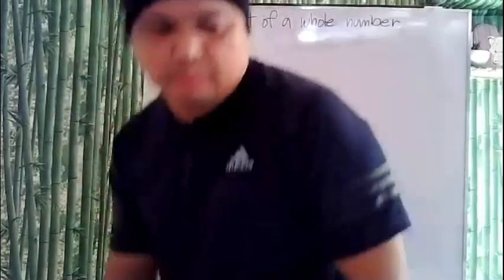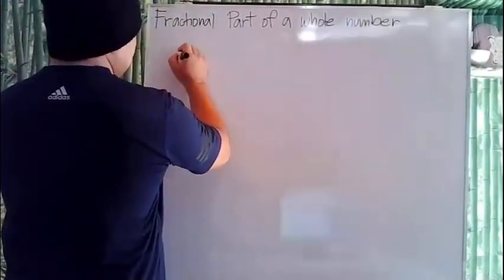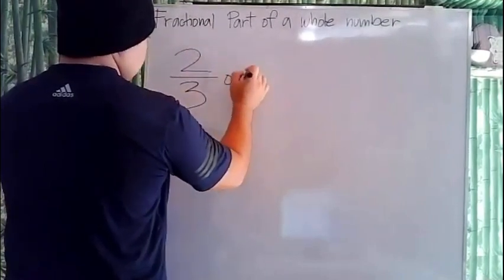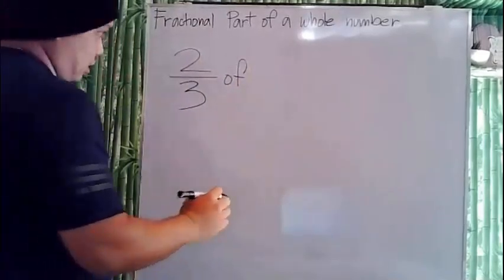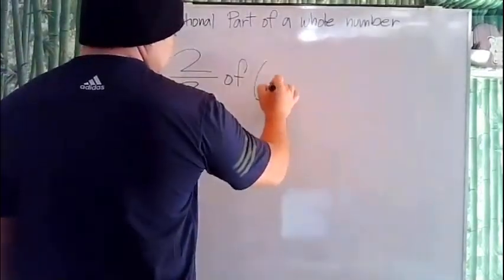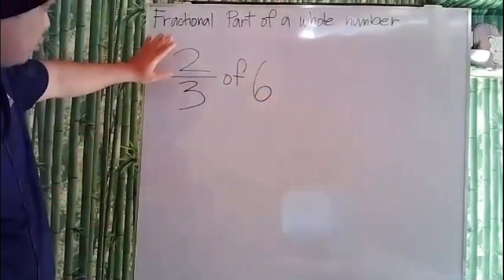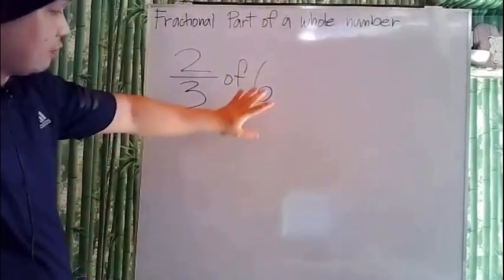For example, we have here: what is the fractional part two-thirds of 6? Now, two-thirds here is a fractional part of 6.